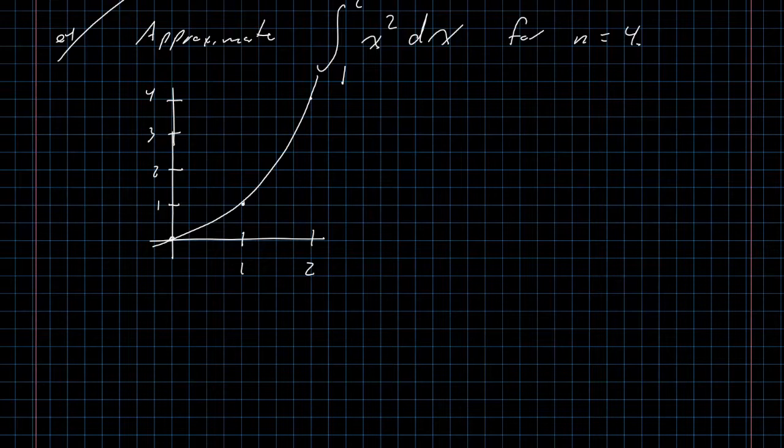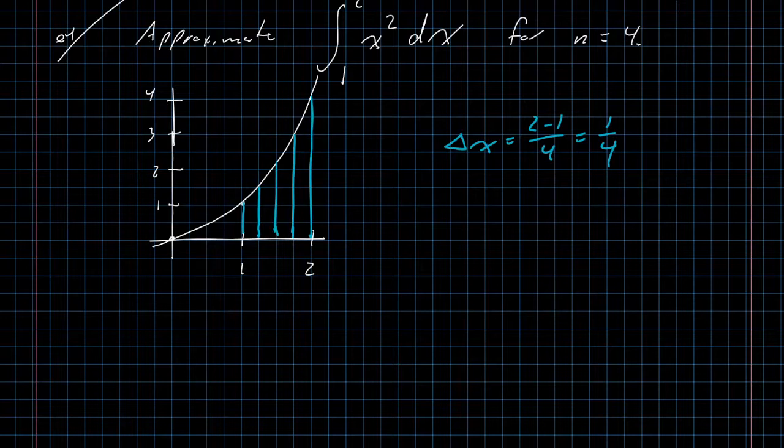We can subdivide the interval from 1 to 2 into a couple of smaller regions. Calculate that our delta x is 1/4.